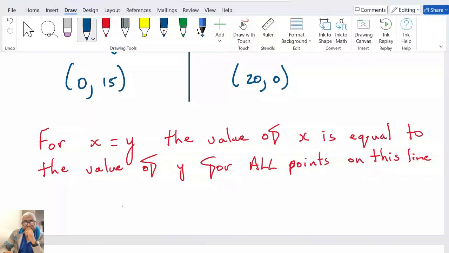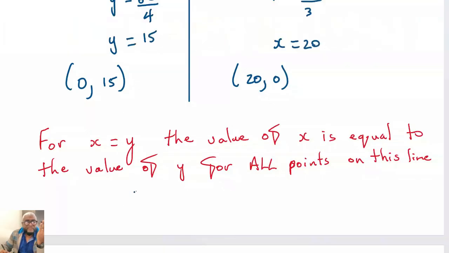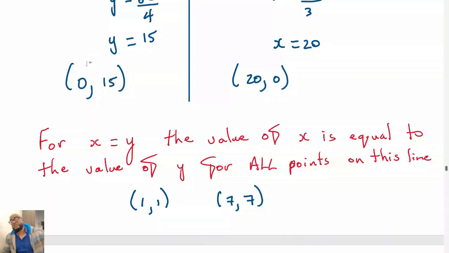So for the line x is equal to y, you could use 1, 1, you could use 7, 7, you could use the coordinates of any 2 points and draw the line through them.